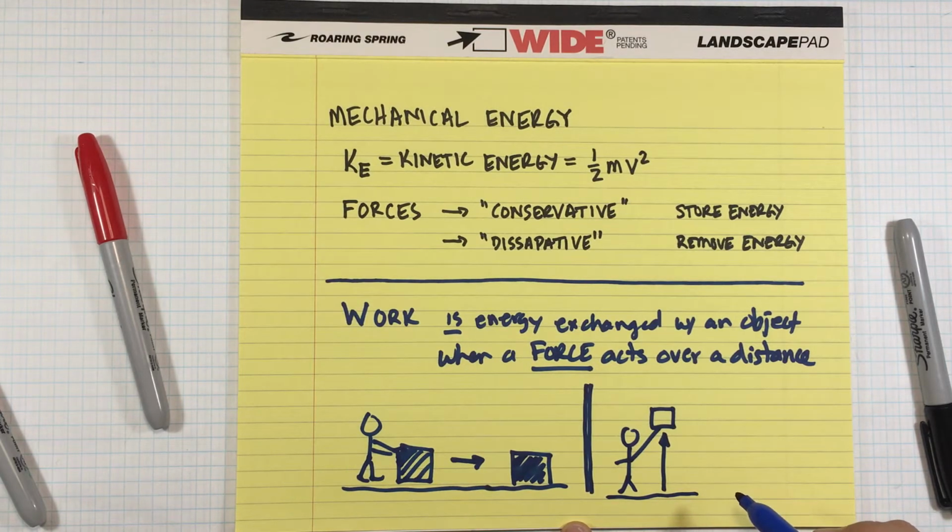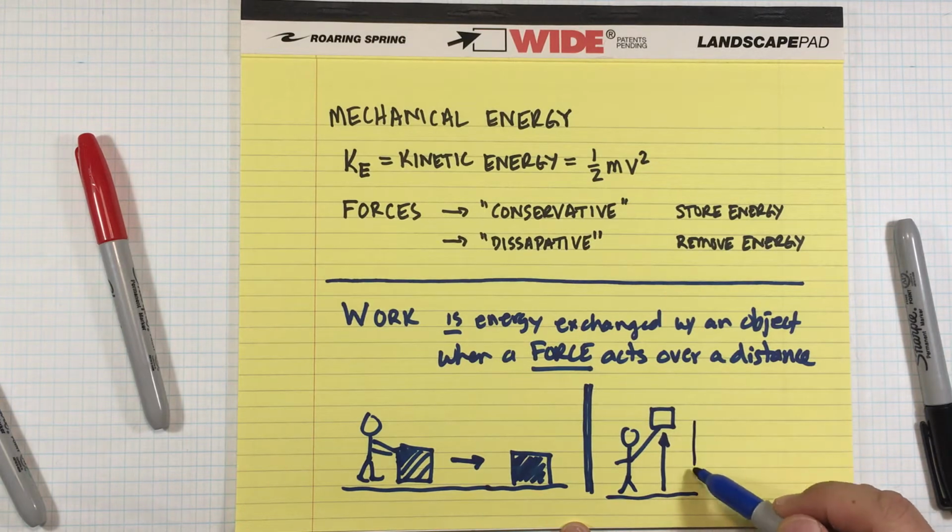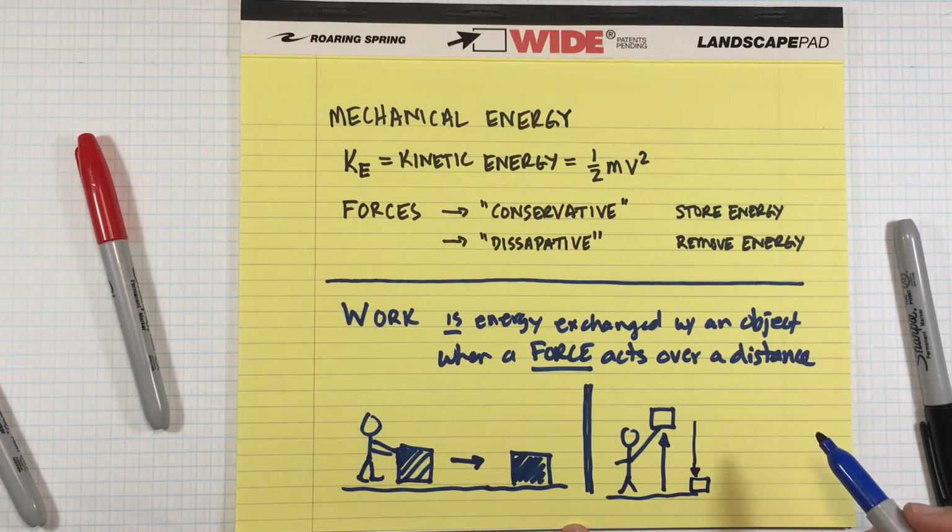I worked on the box and lifted it up, and as a consequence the box is in a different state than it was before. In fact, when the box is over my head, there is energy stored in the box. How do I know there's energy stored in the box? Because if I let go of it, the box falls, and by the time it heads down towards the ground, it has kinetic energy, which it did not have when it was held over my head.